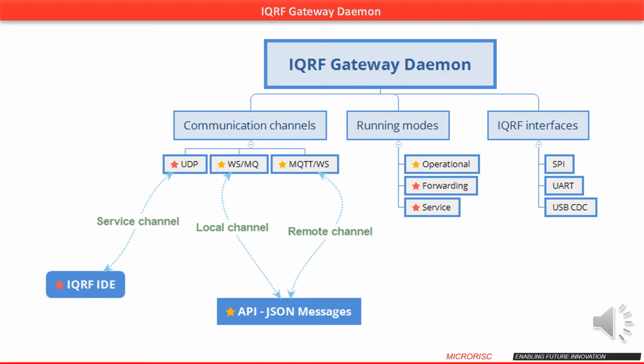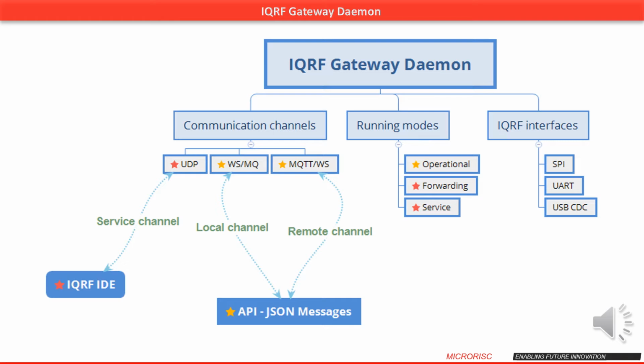For those who want to develop their own applications running on the Iqrf gateway, there is the MQ channel, which makes the Iqrf Daemon application interface locally available to other processes. There are also several types of physical interface to which the Iqrf transceiver can be connected, namely SPI, UART, or USB. So the user can configure the one he wants to use.